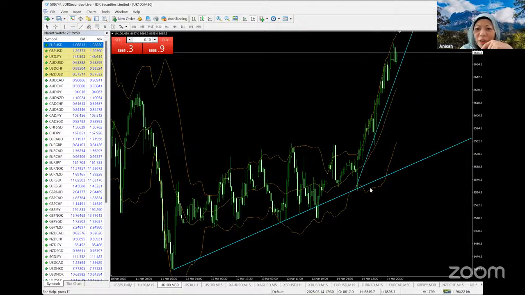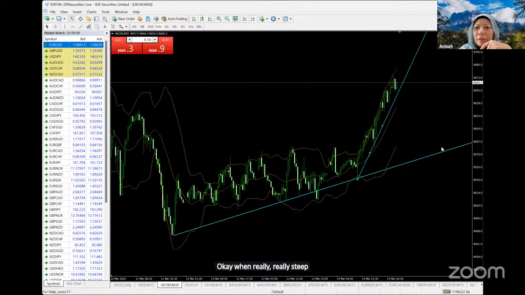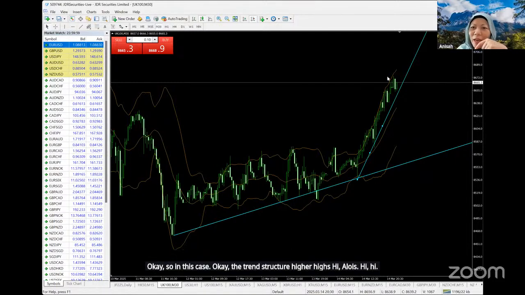It went really, really steep. In this case, the trend structure is higher highs, higher lows, higher highs, higher lows, higher highs, higher lows. This could continue.